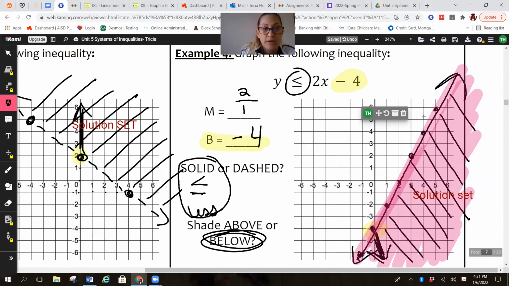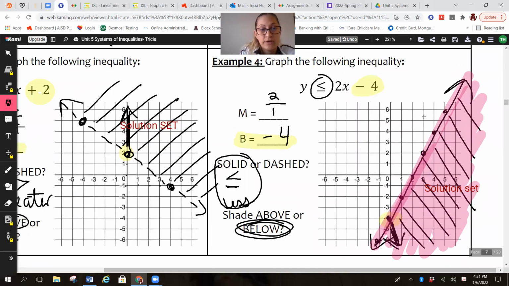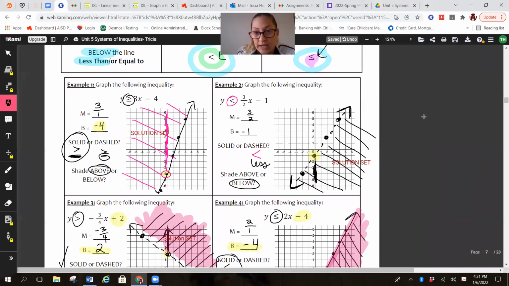So let me go back to number 3. I would not count the line as a solution set, but I would count everything above the line is in the solution set. Looking back at the first 2, again, everything below the line is in the solution set.